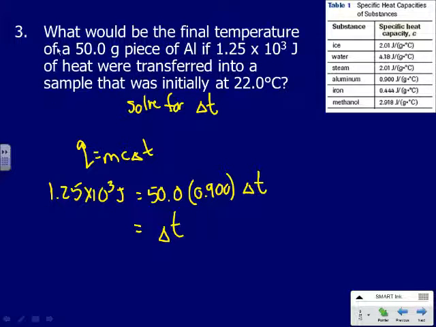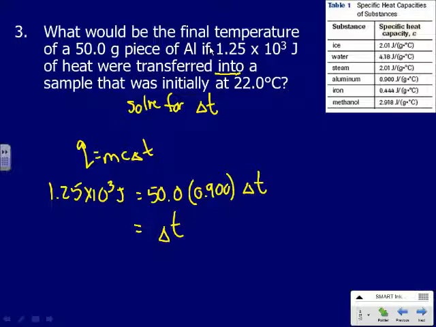What would the final temperature be if the 50-gram piece of aluminum had 1.25 times 10 to the 3 joules of heat transferred into it? If the energy is going into it, what's the sign on this energy? What's the sign on the aluminum's energy bank account if energy is going into the aluminum? If you put money into your bank account, positive.